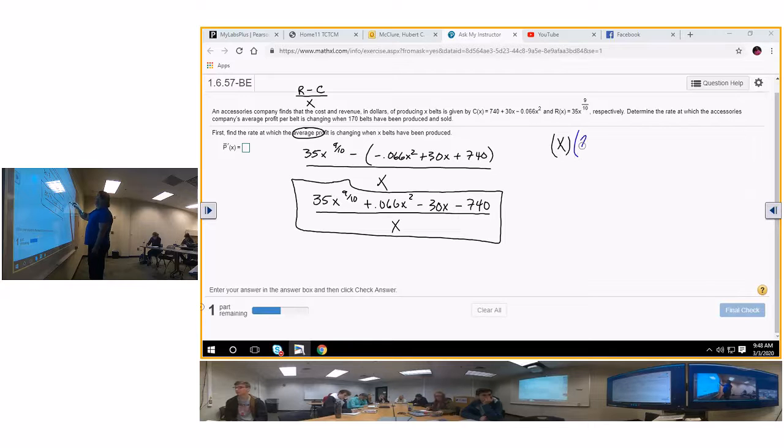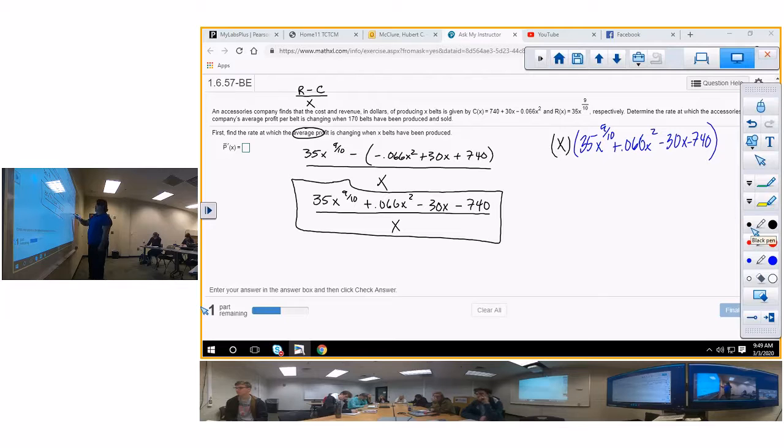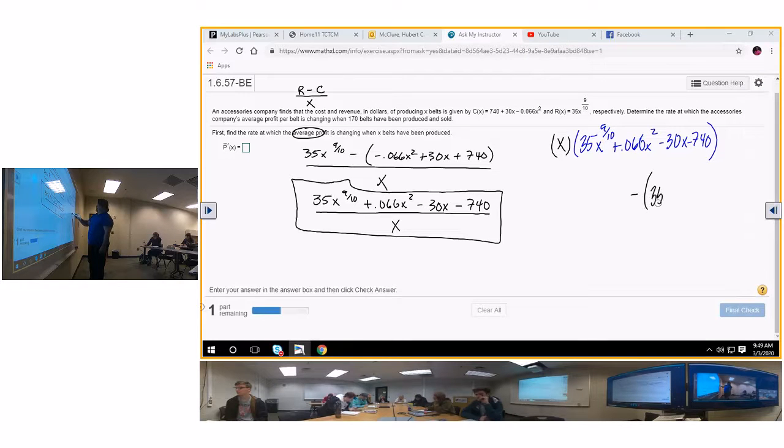So that's going to be 35x to the 9/10 plus 0.066x squared minus 30x minus 740, minus the numerator, which is 35x to the 9/10 plus 0.066x squared minus 30x minus 740, times the denominator prime, all over denominator squared.